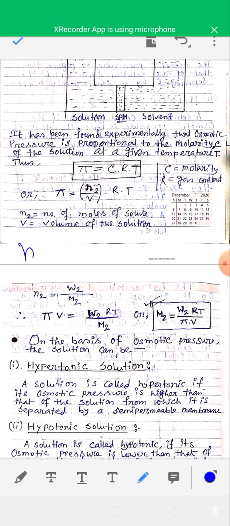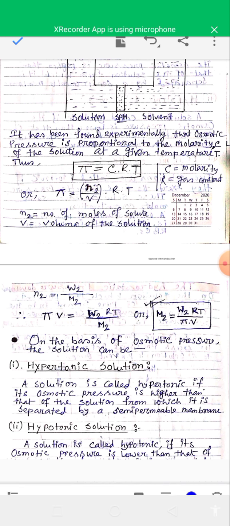N2 will be equal to mass of solute divided by molecular weight of solute, that is W2 by M2. So pi V is equal to W2 by M2 RT, or M2, that is the molecular mass of solute, is equal to W2 RT by pi V, where W2 is the mass of solute.